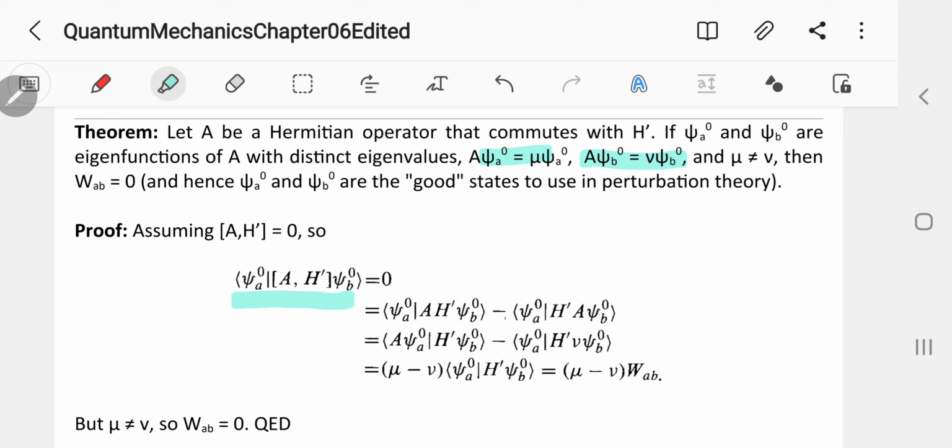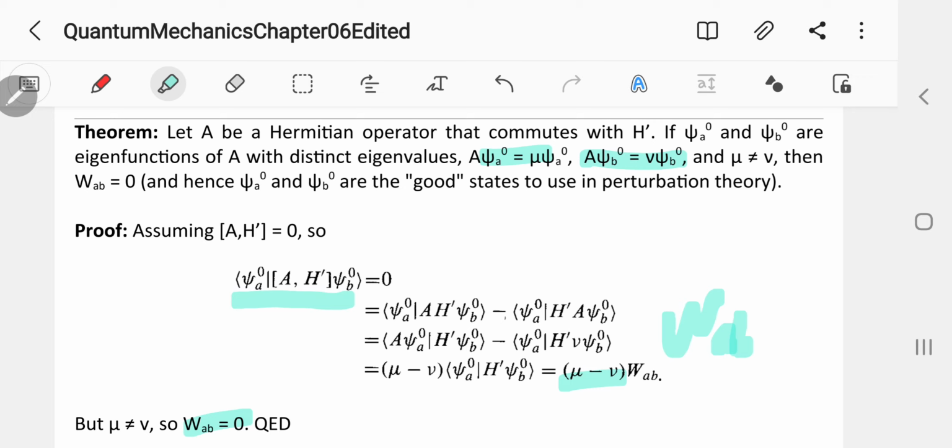Since A and H prime commute, the commutator is equal to 0, and you can do this. If the eigenvalues are not equal, then the only way is that WAB is 0.